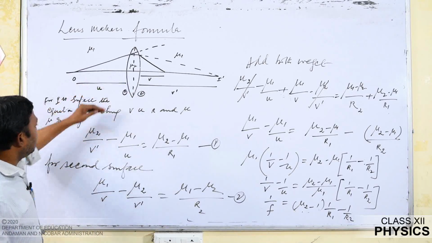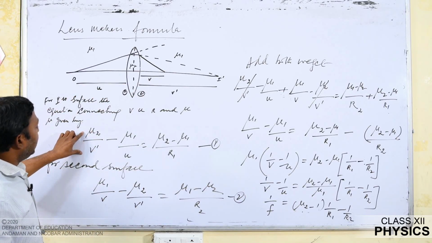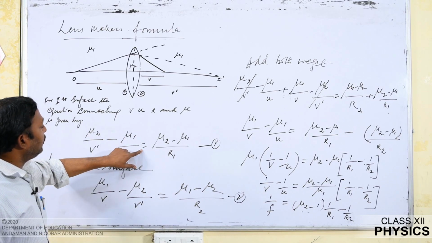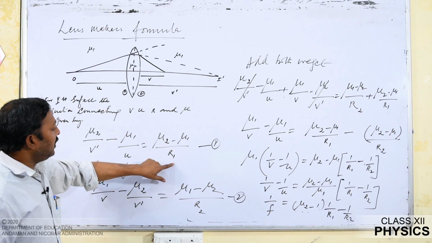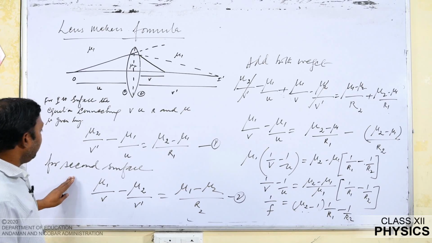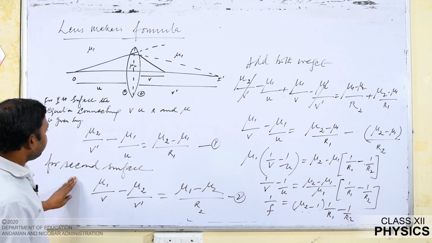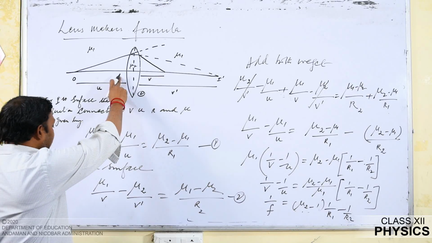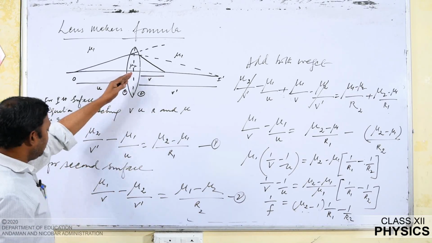So, for the first surface, the expression that connects refractive index, v, u and r is given by mu 2 by v dash minus mu 1 by u is equal to mu 2 minus mu 1 divided by r1, where r1 is the radius of the first surface. Similarly, for the second surface, the image formed by the first surface acts as a virtual object for the second surface.